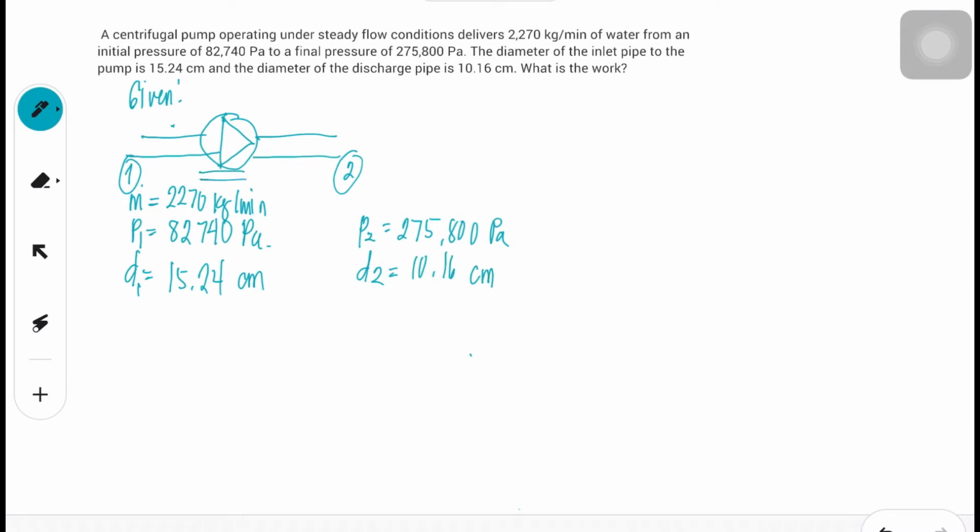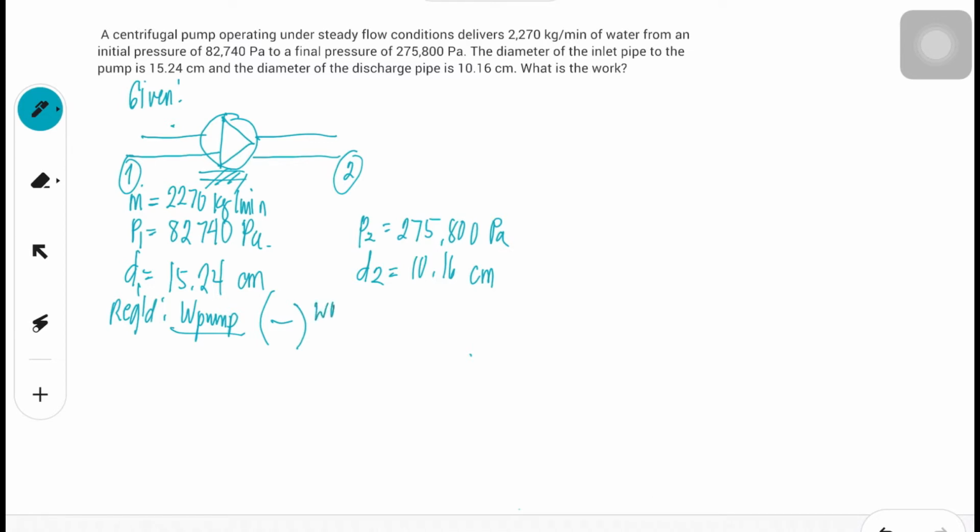The pump we are discussing here is a centrifugal pump. The required here is the work done by the pump. Automatically, the work of a pump, centrifugal pumps, submersible pumps, is always negative. Why? Because work is done by the system.